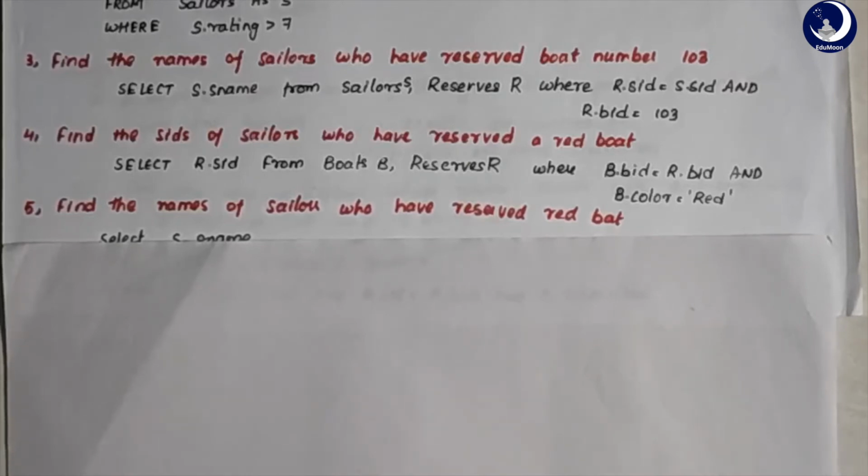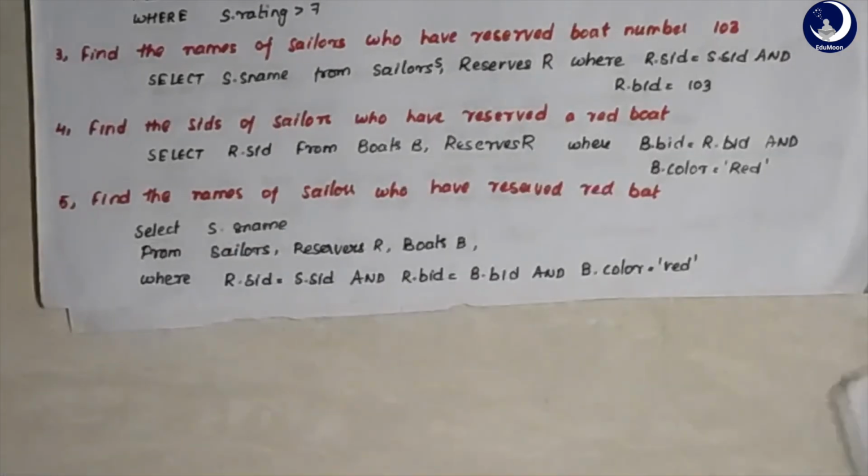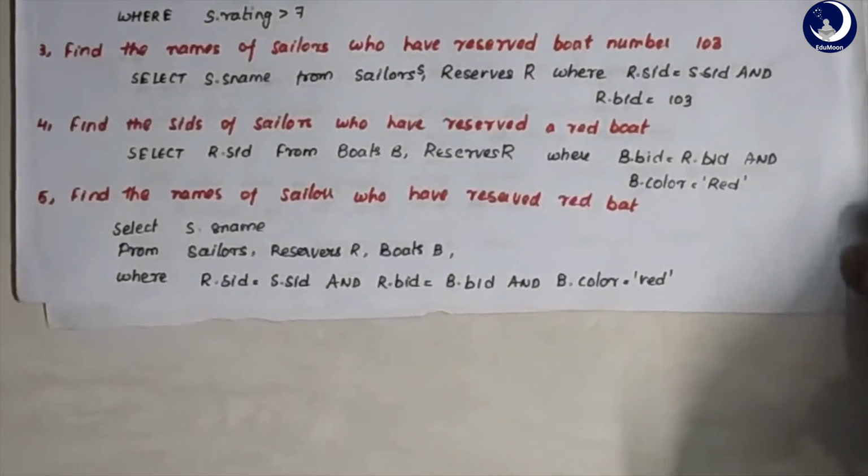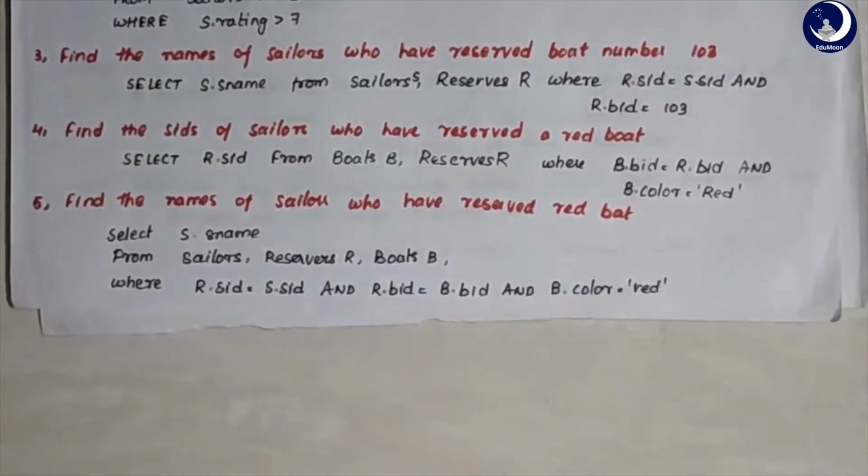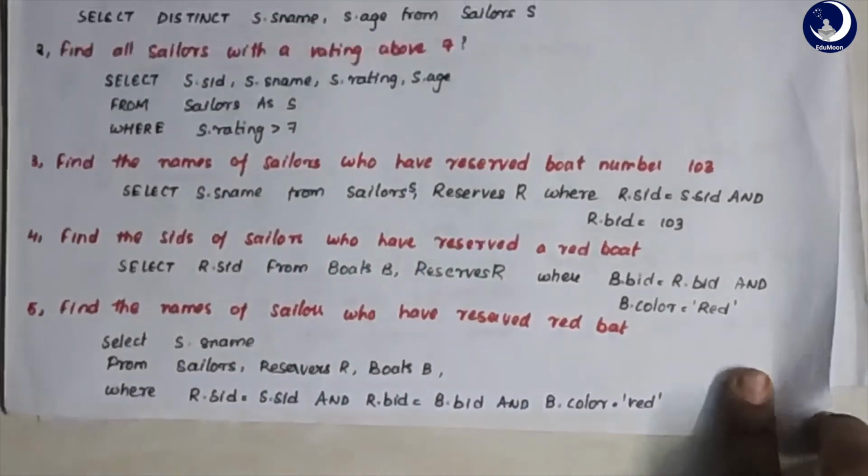So here I'll include the sailors table also. So select s dot sname from sailors s, reserves R, boats B, where s dot sid is equal to r dot sid, and r dot bid is equal to b dot bid, and b dot color is equal to red. So when they ask us to specify the names, we have to consider the other table also, or else we don't have to consider all the tables every time.